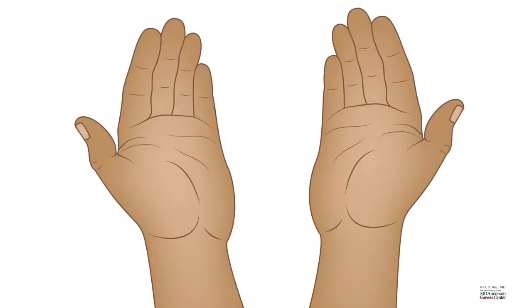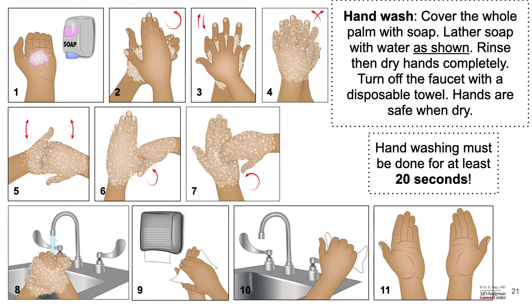It takes about 20 seconds to perform these steps properly, and make it a habit to follow a particular routine so that you cover the palms, back of the hands, webs of the fingers, in between the fingers, inside the fingers, tips of the fingers, webs of the thumbs, etc. So make sure you practice the steps and do it religiously for at least a minimum of 20 seconds.